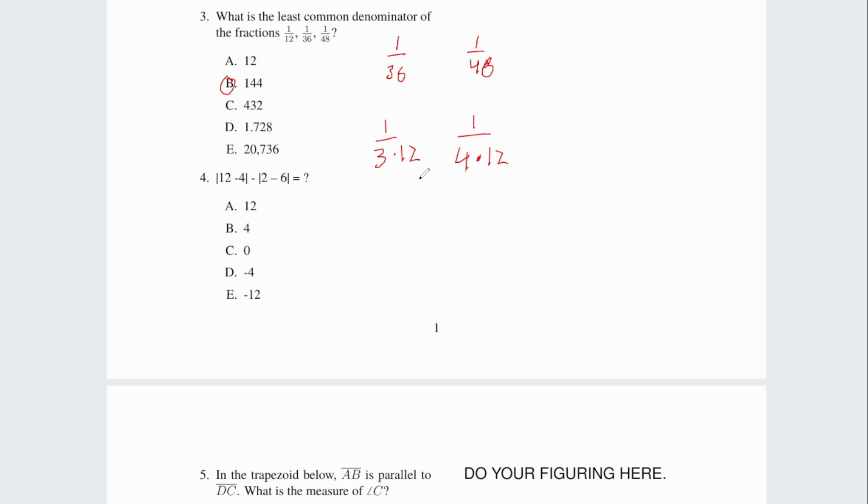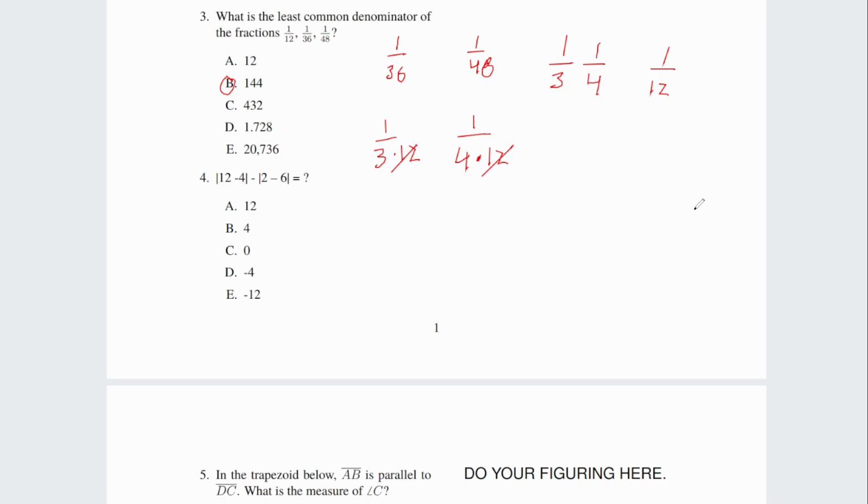And when these denominators have common factors, like 12 in this case, we can cross them out as long as we add them back in later. So we can find the common denominator between 1/3 and 1/4, which is going to be 1/12.